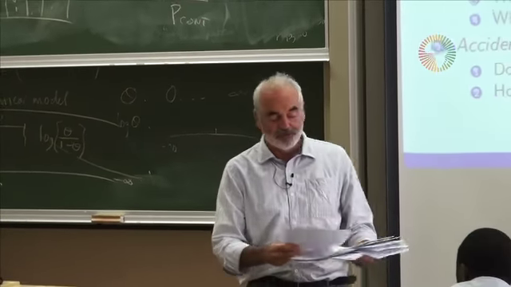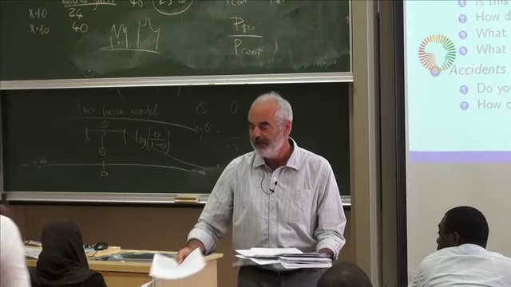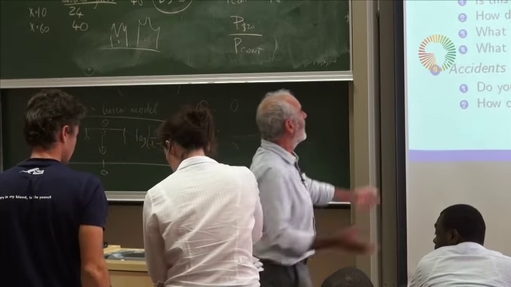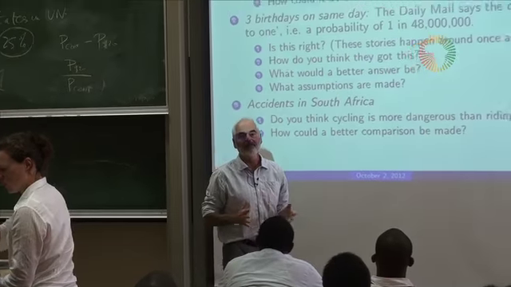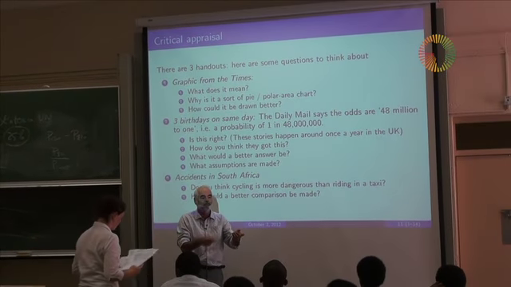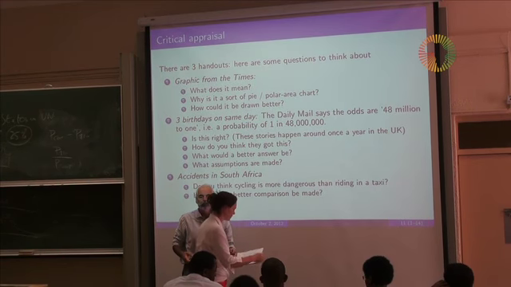Now, these are 3 stories. Each table is going to get 3 stories. And what I want you to do is to read them, maybe one each, or pass them around. We've got 20 anyway.